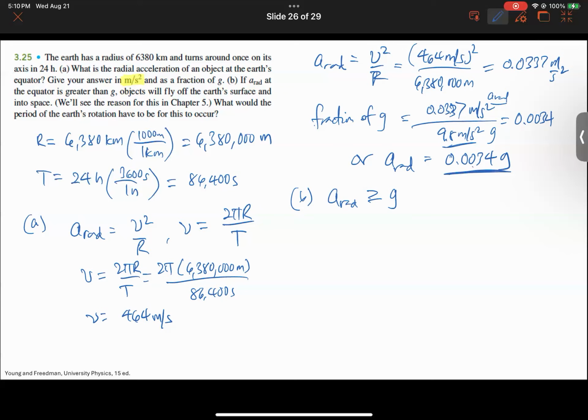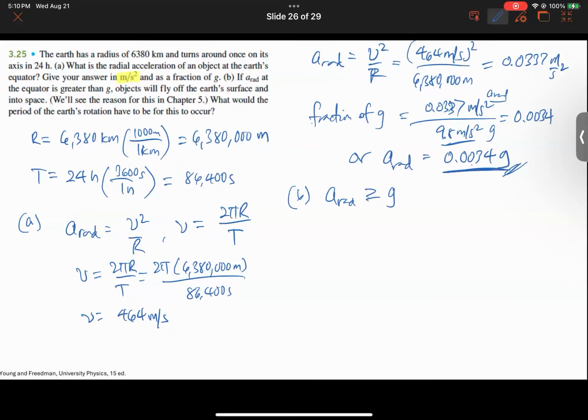It is one third of 1% of the acceleration due to gravity. Because of that, we don't fly off into space. But if the radial acceleration is greater than or equal to the acceleration due to gravity, then we would fly off into space.